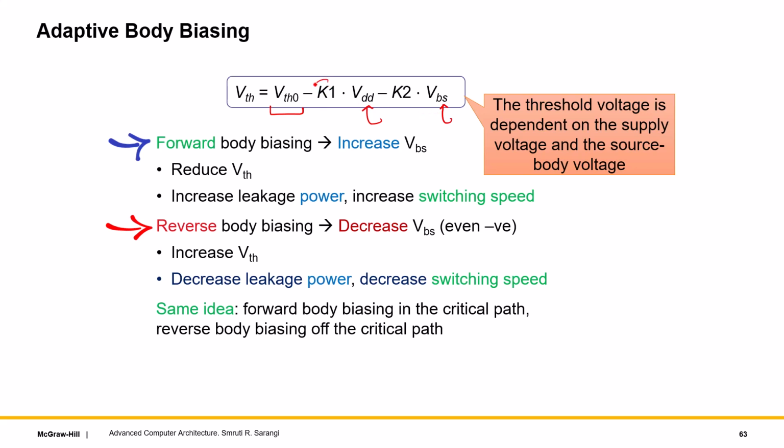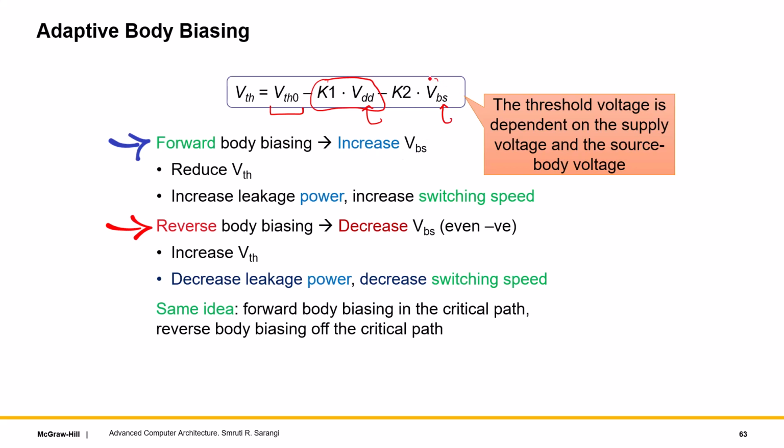So what happens is, if I increase the VDD, which is the source voltage, right, then I can kind of bring the threshold voltage down. If I bring the threshold voltage down, I'll increase my leakage power but increase the speed of the transistor quite a bit, because in this case, to actually change its state, I don't have to charge much, right? My threshold voltage is lower, hence the transition is faster.